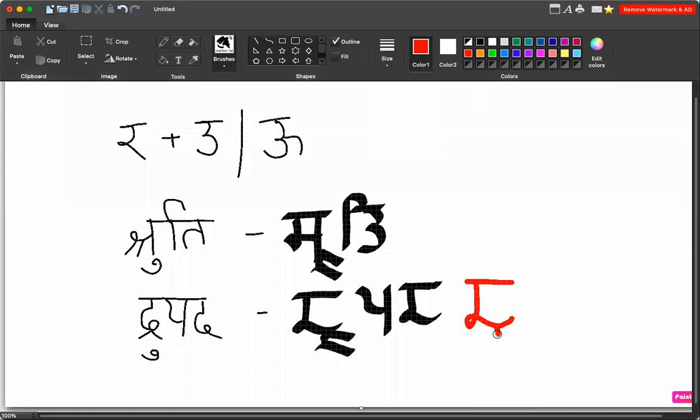Draw a very small indicative line to accommodate both the r as well as u. Okay, I'll just write this letter also in a pen.